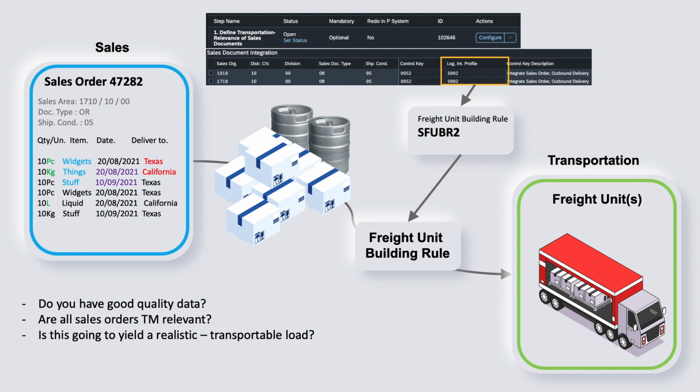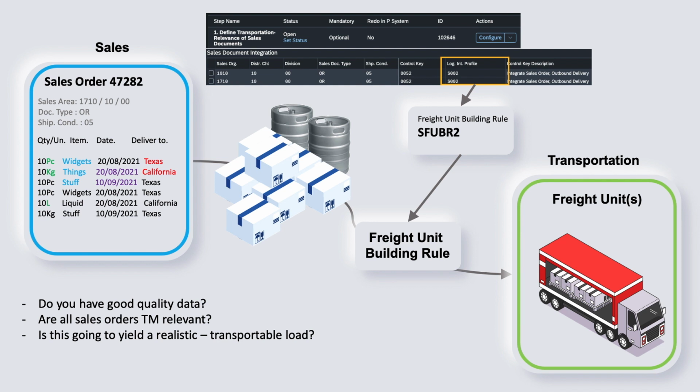What do we mean by that? Well, a sales order is going to have multiple items as we have in this case. And the freight unit building rule by default is going to try and consolidate as much freight, as many of the sales order items together, as long as it makes logical sense.